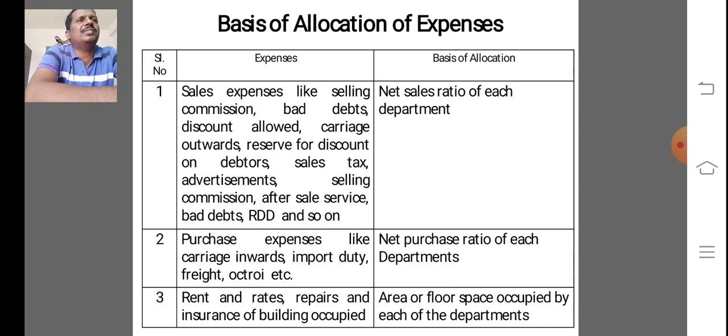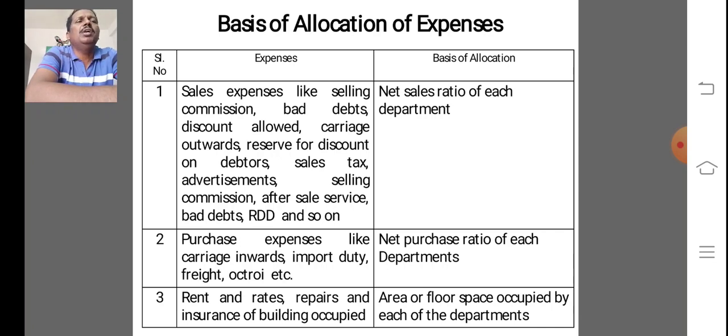Repairs, rent and rates, floor area. Repairs and insurance of building, ratio of floor area. Air conditioning, ratio of floor area. Electricity bill, number of light points or floor area. Depreciation on machinery, ratio of value of machinery or ratio of floor area.